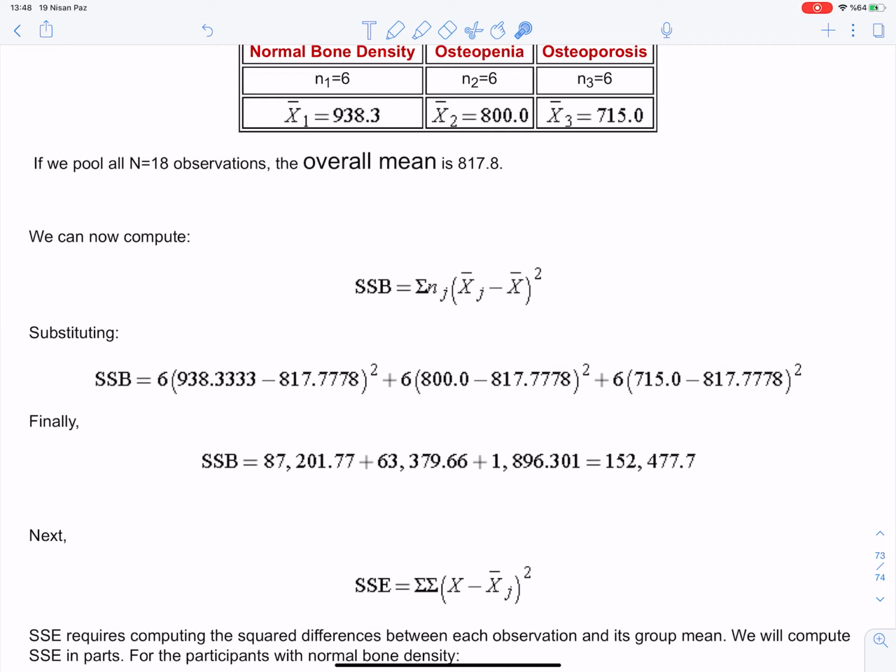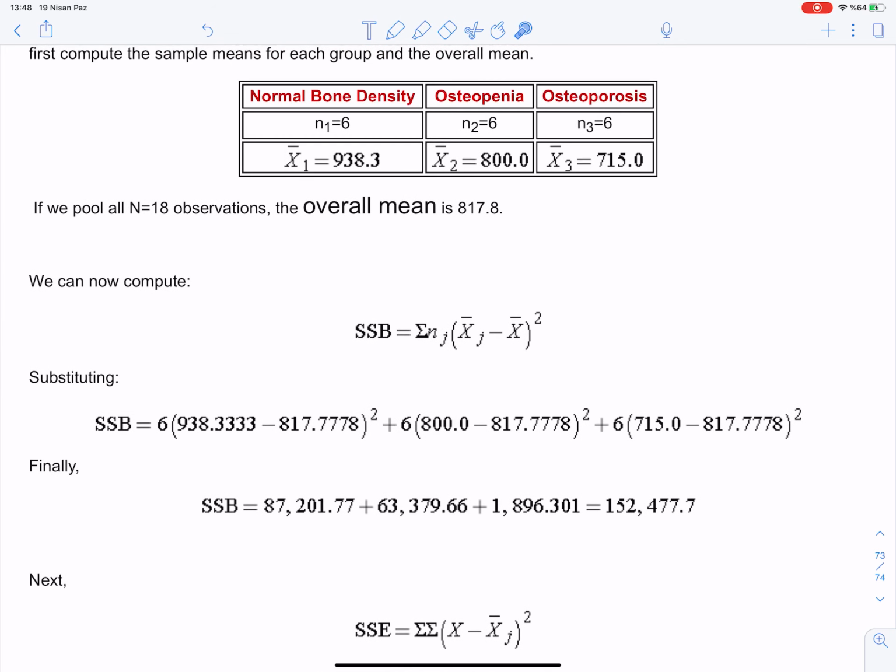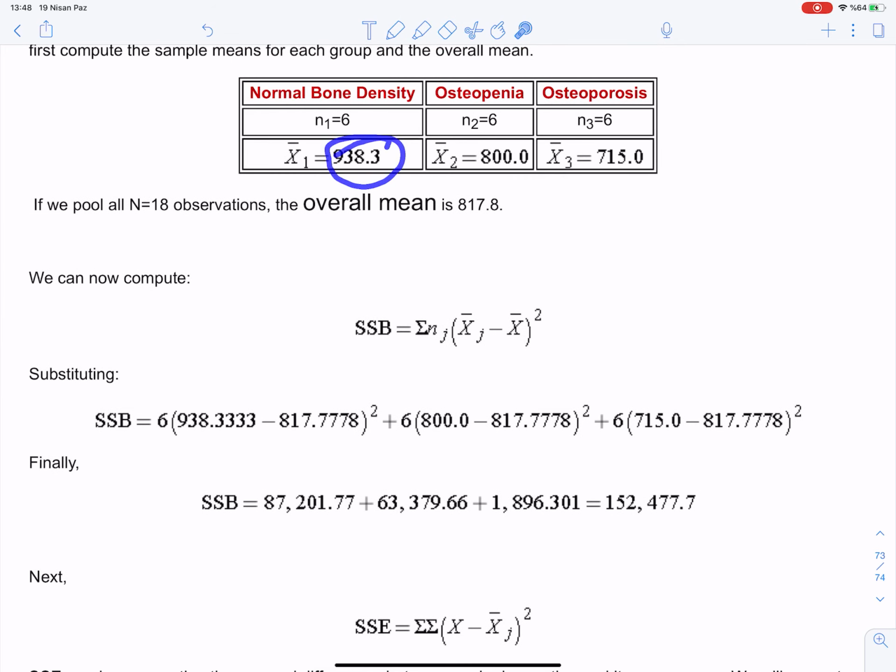Okay, the sum of squares between, or the treatment sum of squares, can be calculated that way. Each time you subtract the group mean from the overall sample mean, which is 817.8, square it, and multiply it by the number of observations within each group.